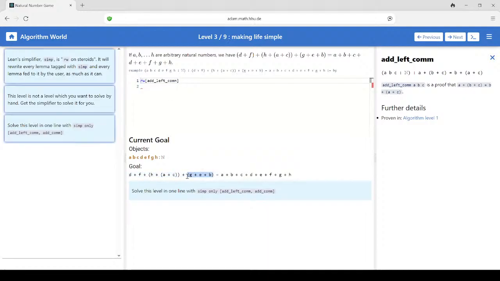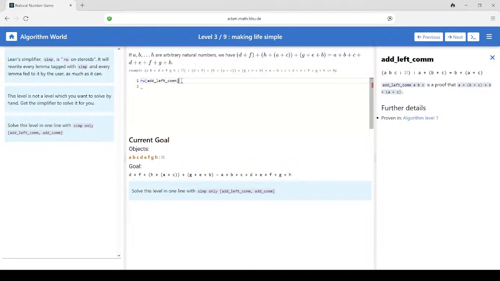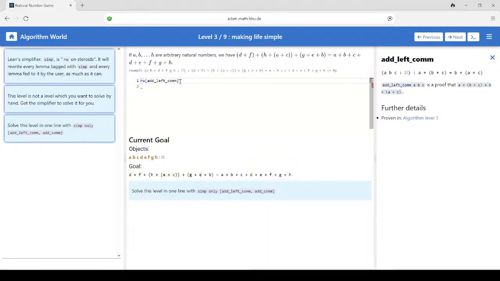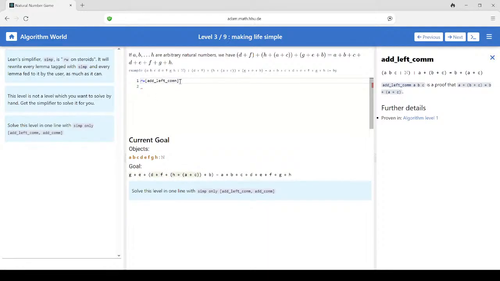And then this g plus e will now be outside here. This d plus, wait. What happens to the g plus e?